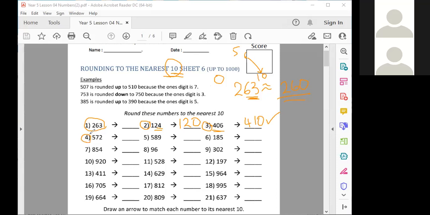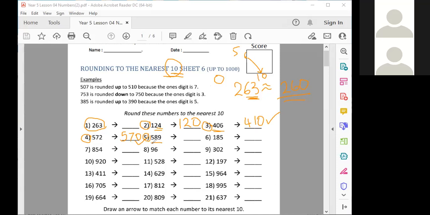Okay. Number 4. Answers in? Very good, Rajavin. Come on, the rest of you. Private message, all your answers next time. That's right. 570. Betul. Okay. Next question. Okay. Number 5.